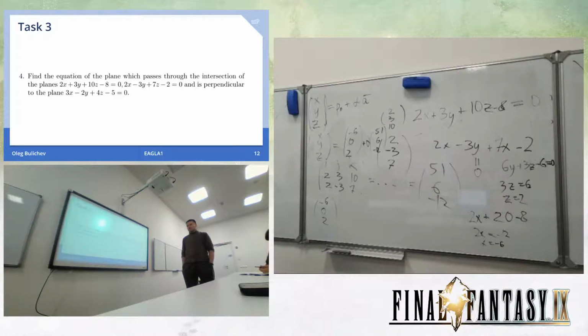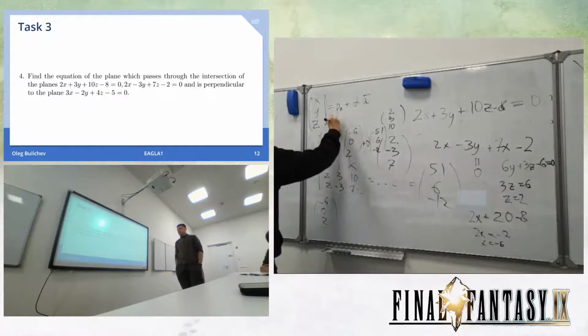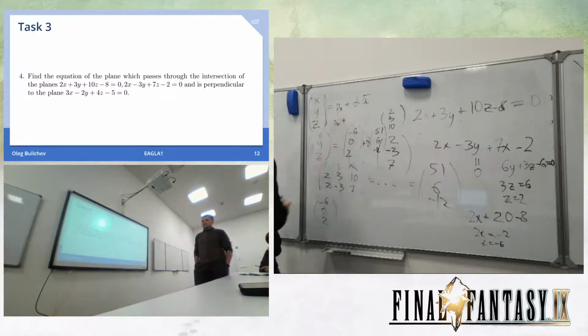Write the equation of a plane in a parametrical form. Yeah, okay, so it's like the same parameter. First alpha, a. Point, same, yes.